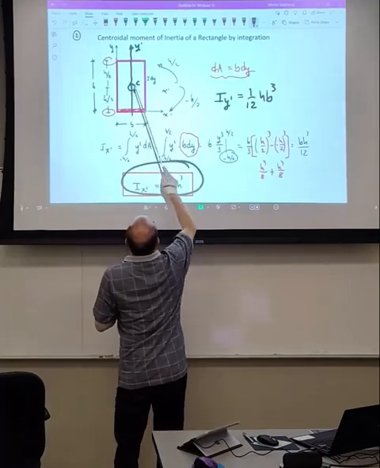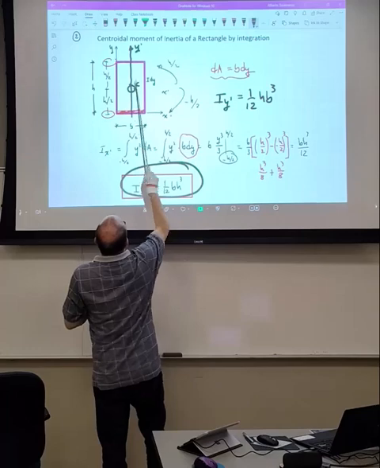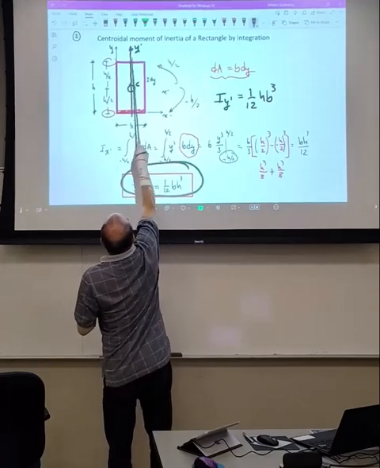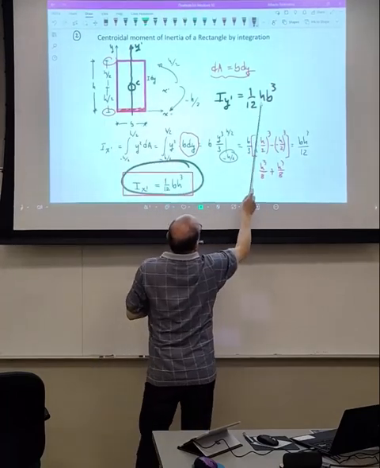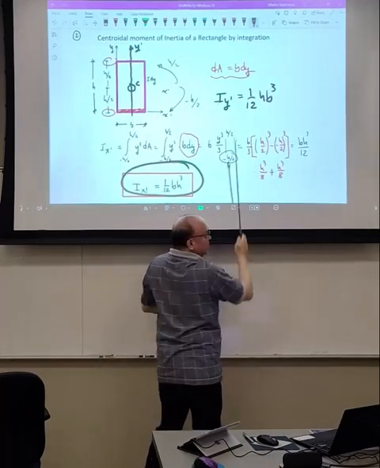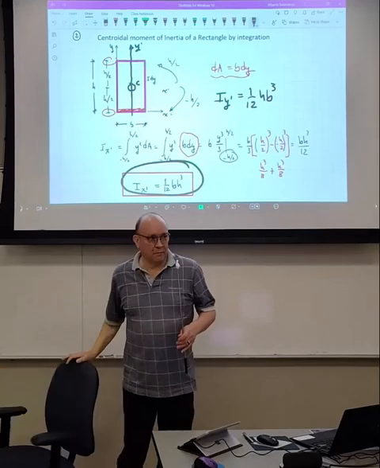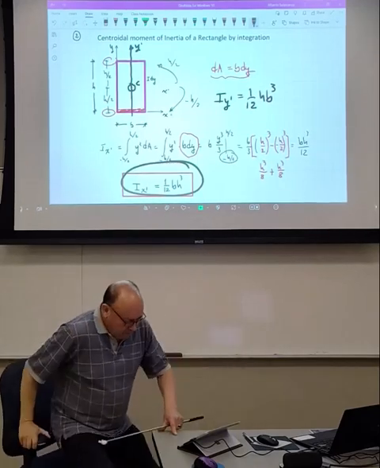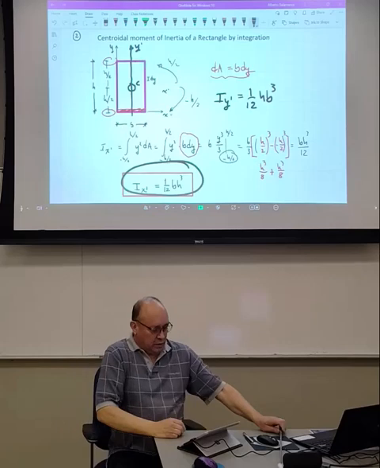Now that we are working with this axis, the side parallel to it is h. So h goes to the first power, and the perpendicular one goes to the cube. So be careful with that. Okay, let's do the triangle and then we can move on.